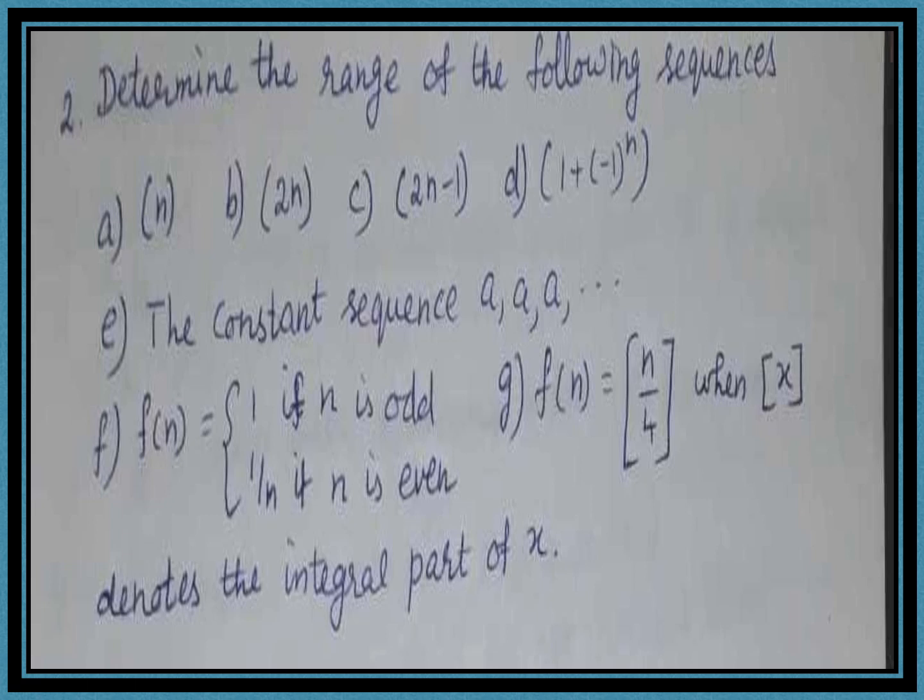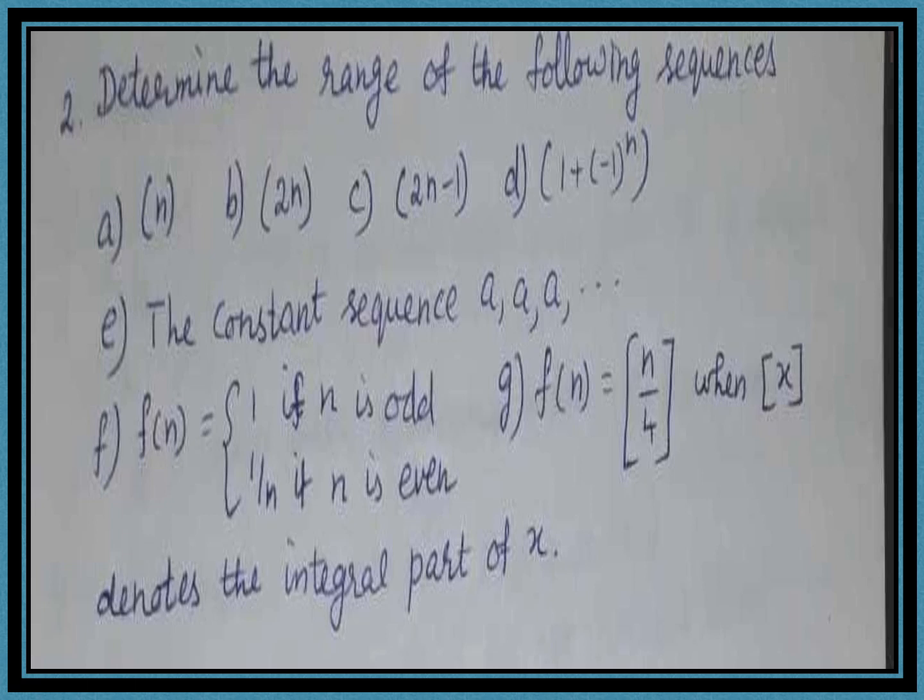Now come to problem G. Here f(n) is defined as [n/4], where within this parenthesis [x] denotes the integral part of x. For example, if I put n = 1, I'll get 1/4. I can write it as 0.25. The integral part of 0.25 will be 0.